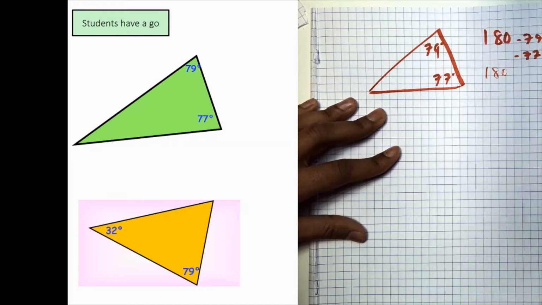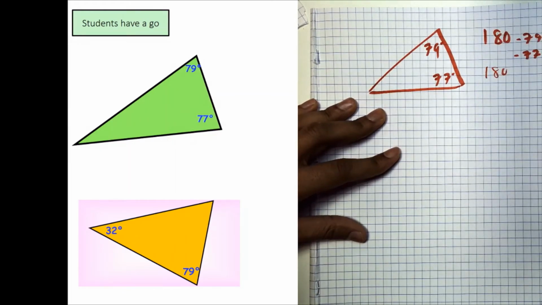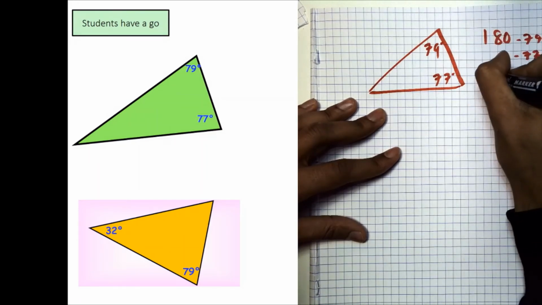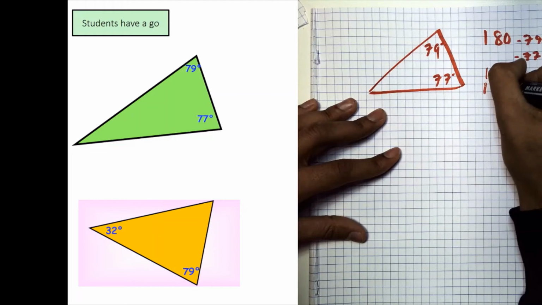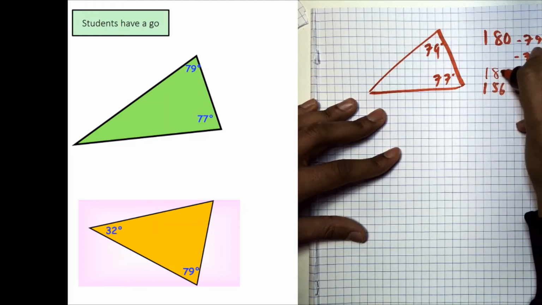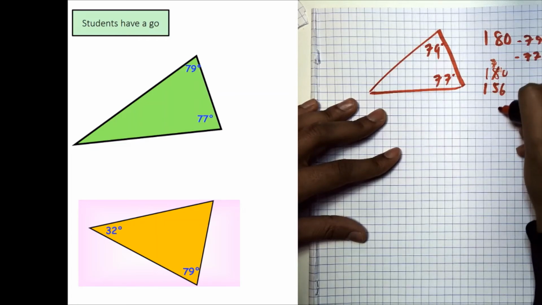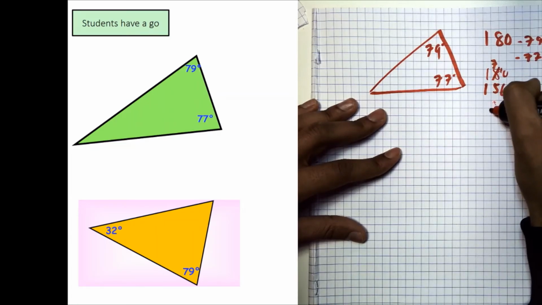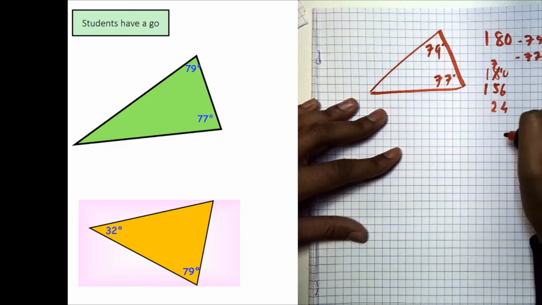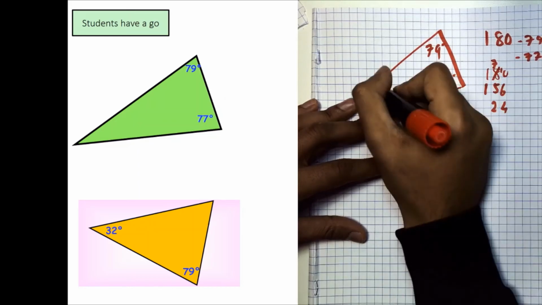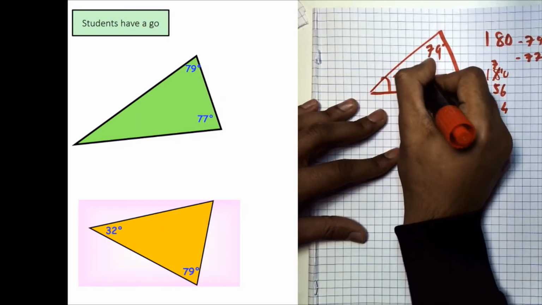So 79 and 77 first, and that should be giving you 156. And of course, we want to subtract that from 180. Okay, so 0 take away 6 we can't do. Borrow 1. 10 take away 6 is 4. 7 take away 5 is 2. And 1 take away 1 is, of course, 0. So our angle over here should have been 24 degrees.